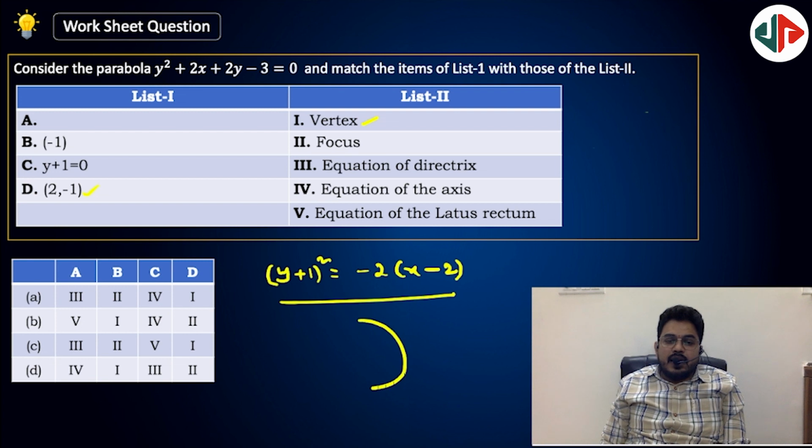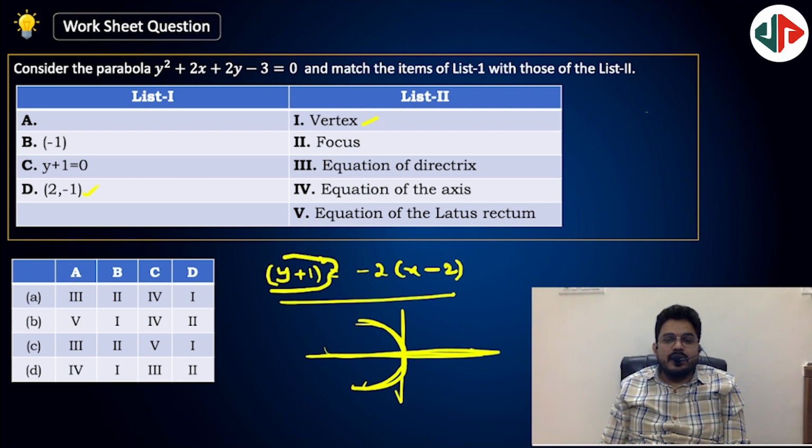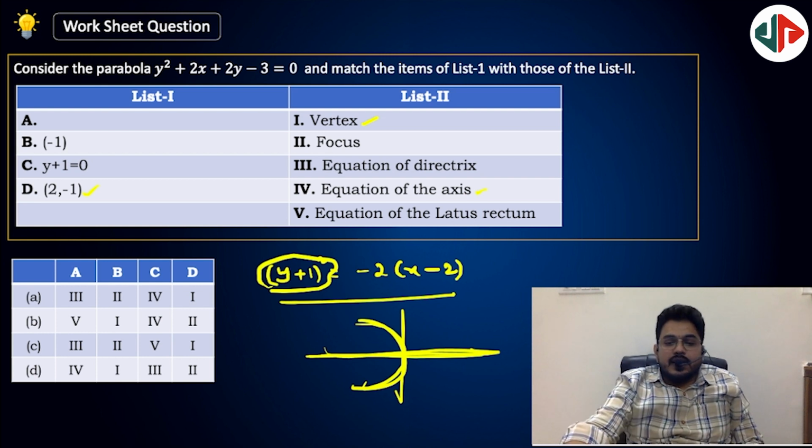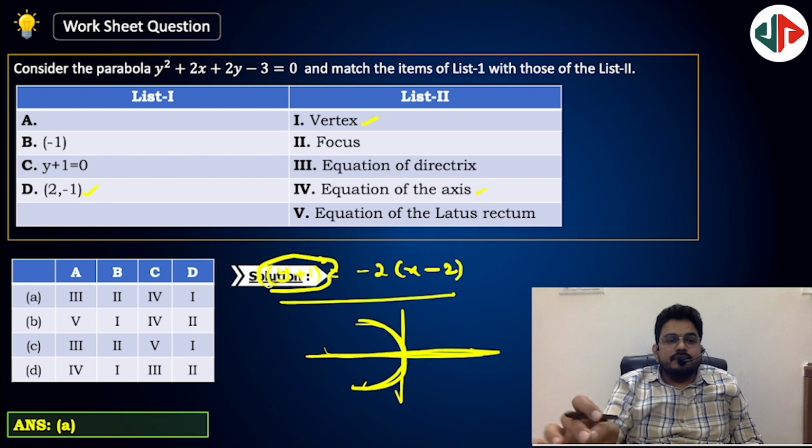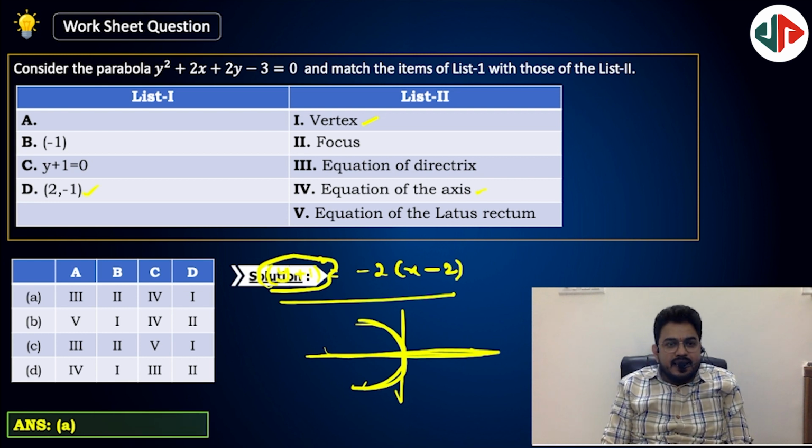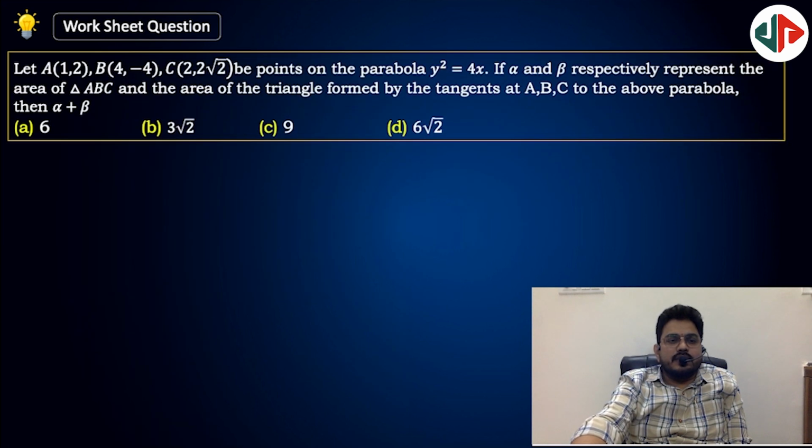And the axis is y equal to this value, y+1 is the axis equation, right? So the second one is going to be the fourth one. So clearly the first option is the right answer. Okay, but the remaining missing part we'll see later. You go for calculating those things.